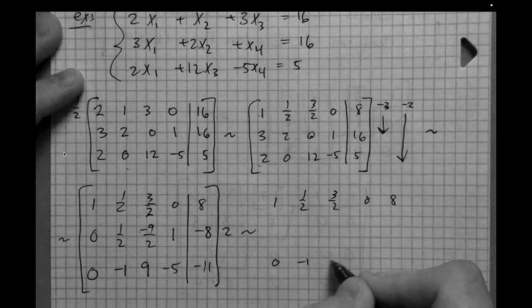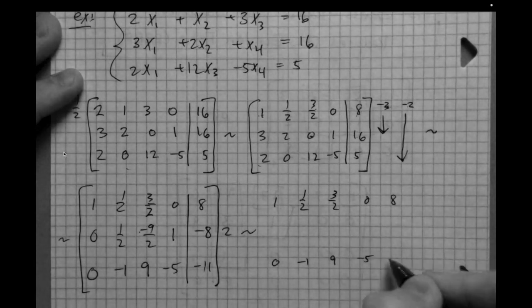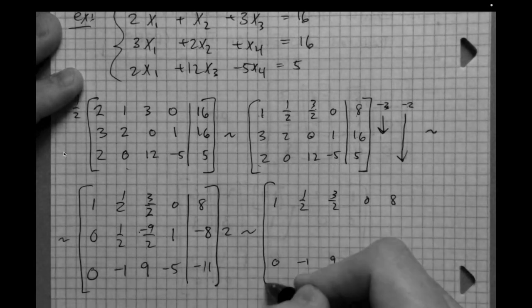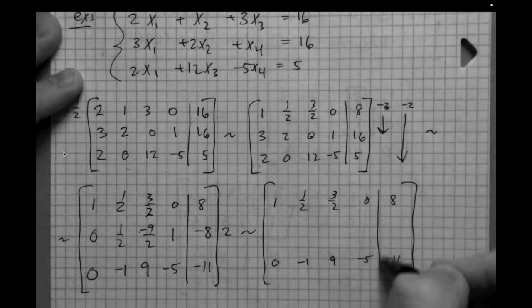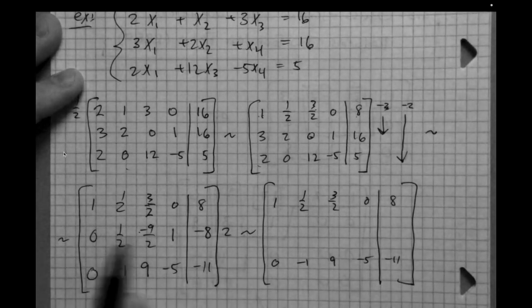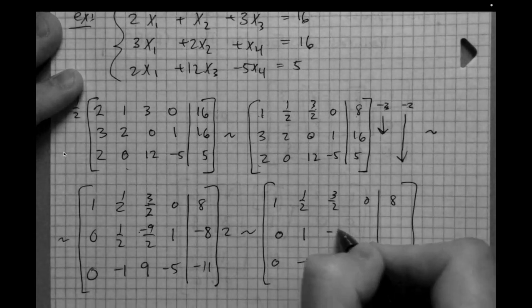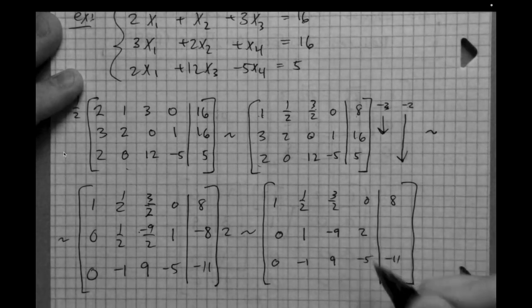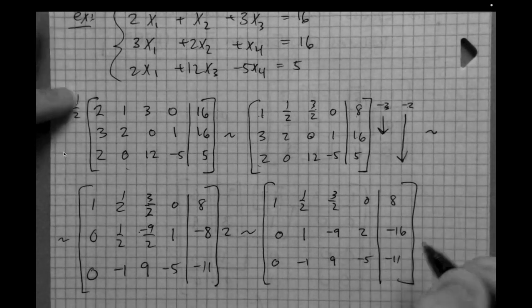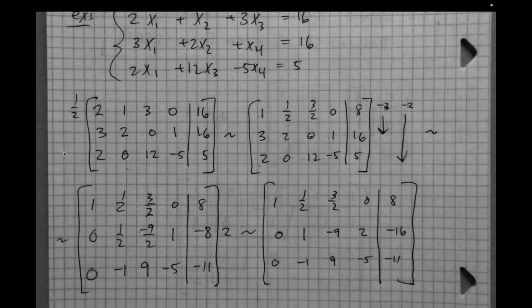So let's go ahead and write all of those in. Okay, and now we'll multiply everything here by 2, and so we get a 0 and a 1 and a negative 9 and a 2 and a negative 16. Okay. Very good.